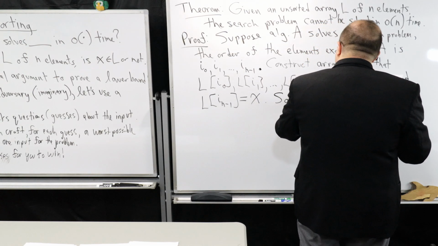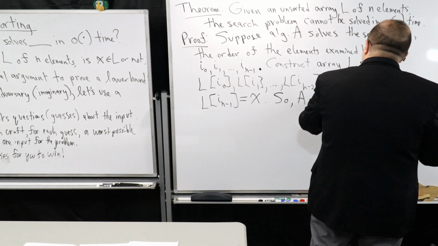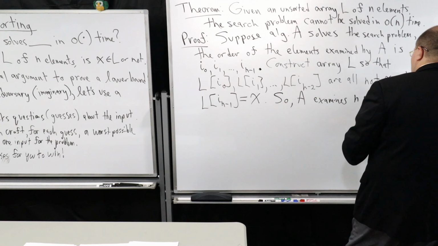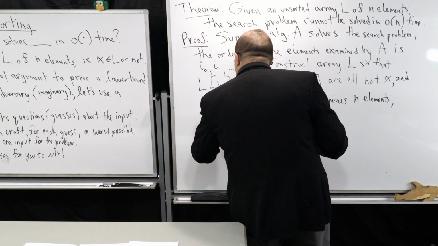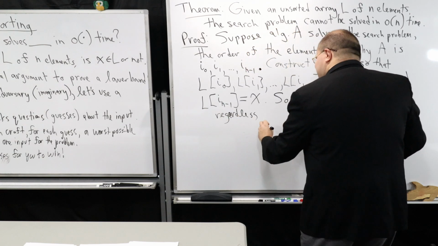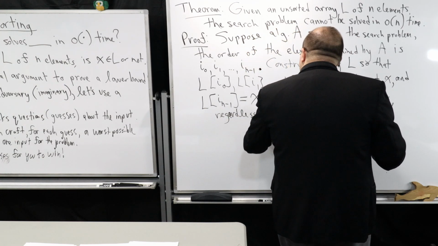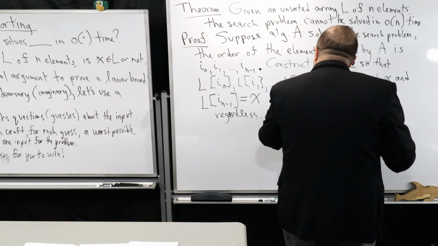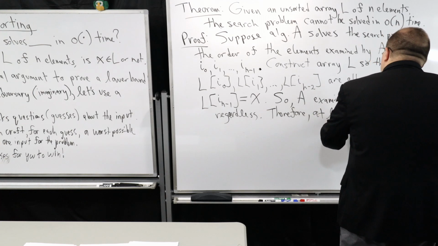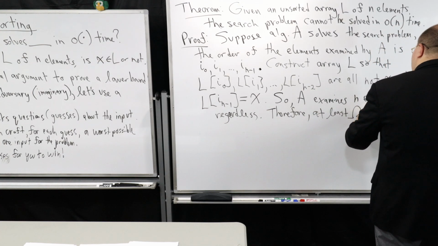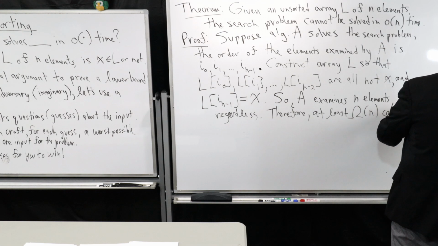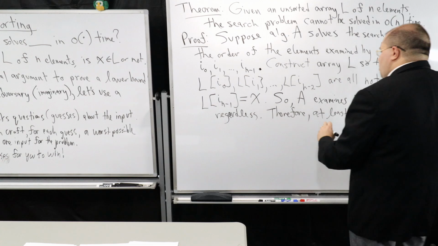So A examines n elements regardless. Therefore, at least big omega of n comparisons or examinations are required.